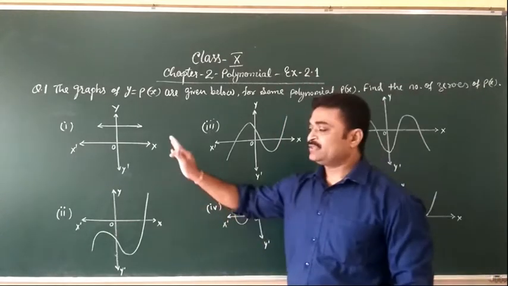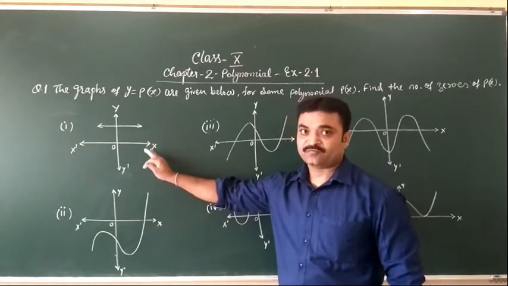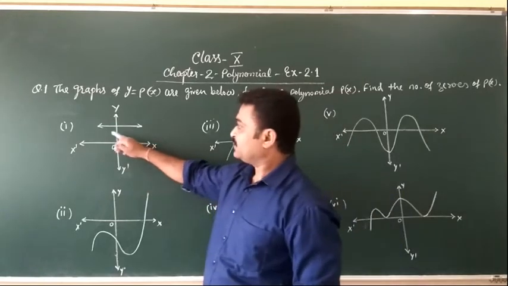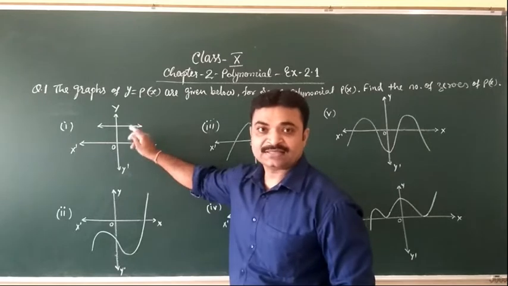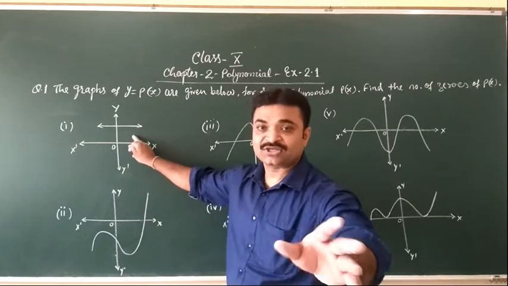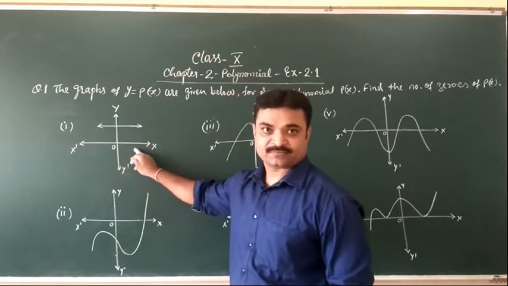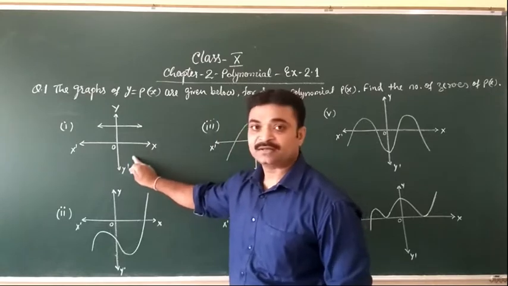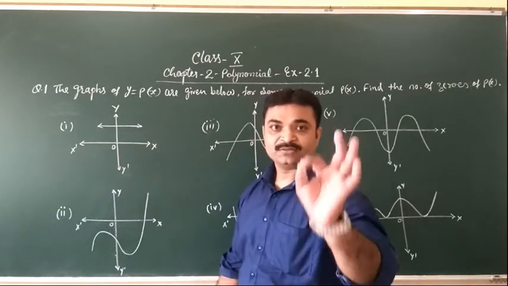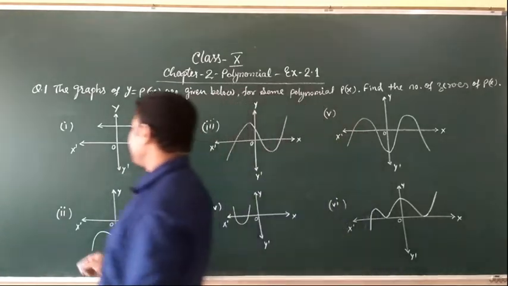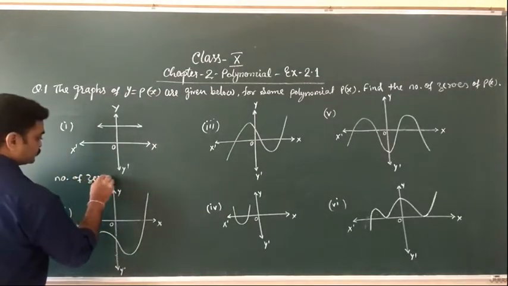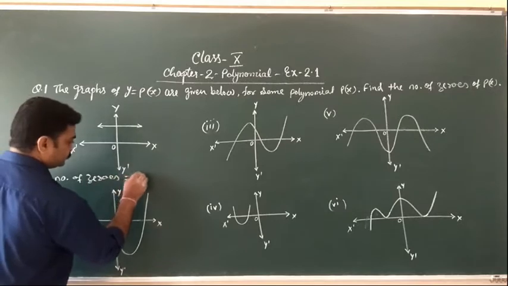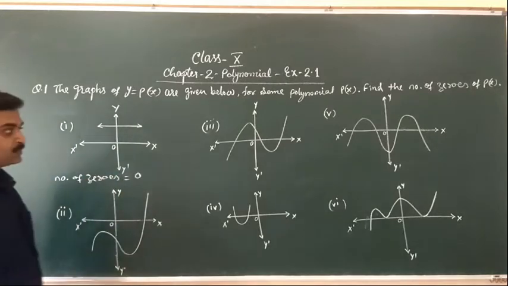Clear? See, in question number 1, first part, the graph of p(x) is this line, and this line is not touching any point of the x-axis. That means here the number of zeros will be 0. So we will write number of zeros is equal to 0.